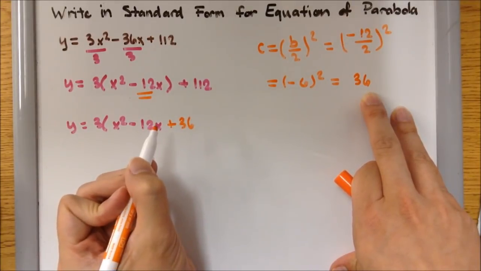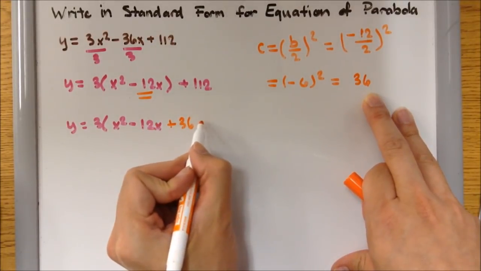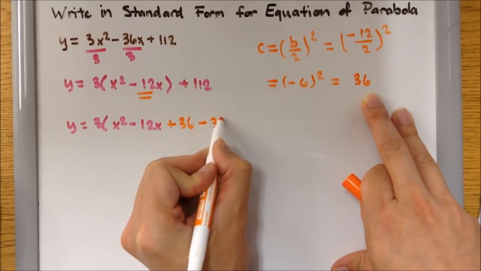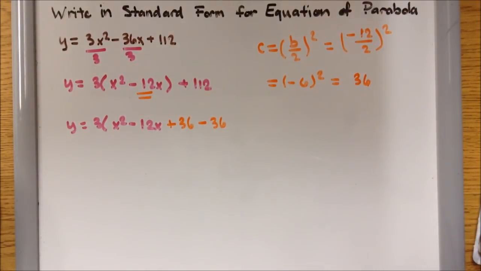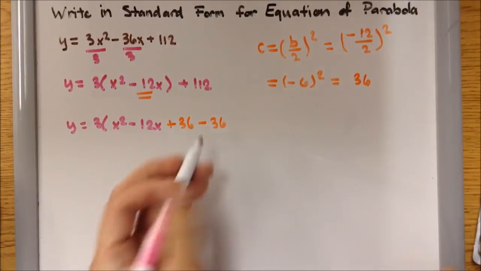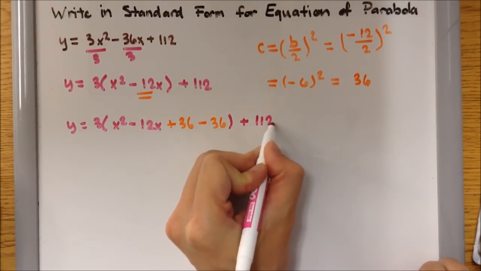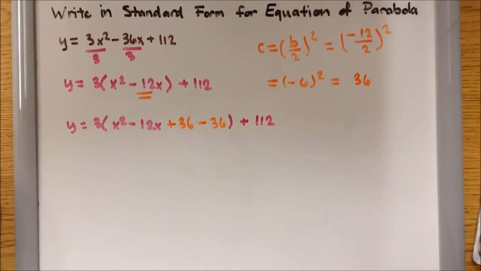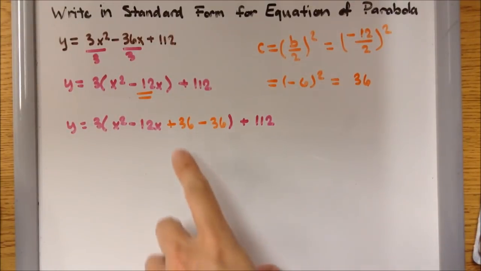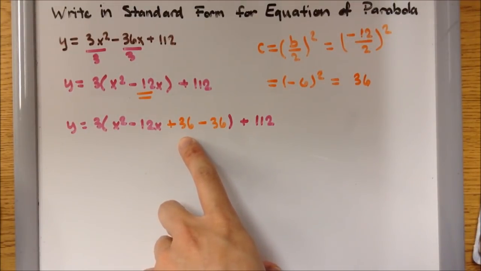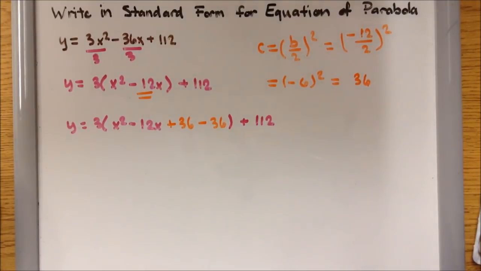Now, since I added in the positive 36, I have to include the opposite, so minus 36, inside the parenthesis, and then plus 1/12. Alright, so I got the c value, the 36, with its opposite, minus 36.